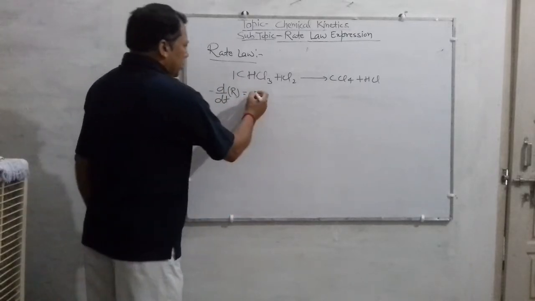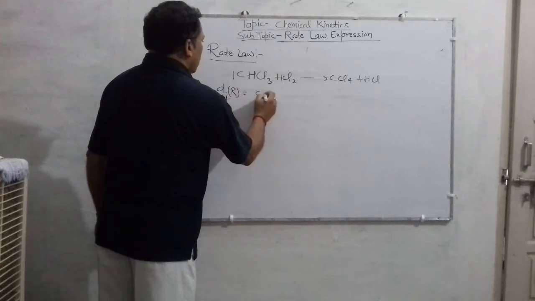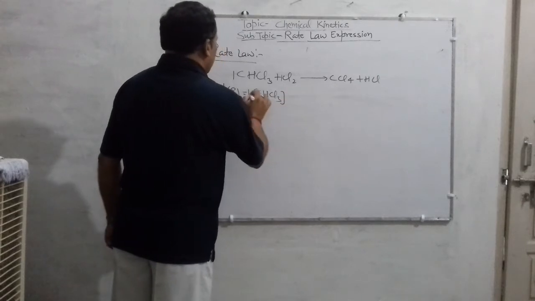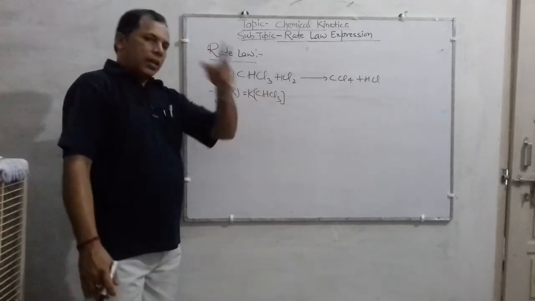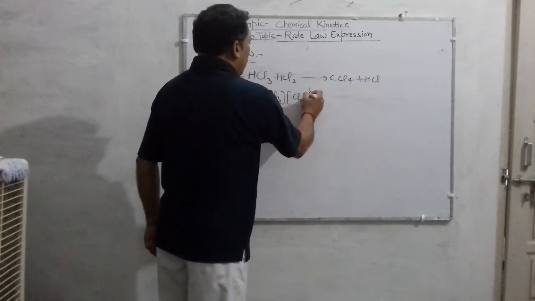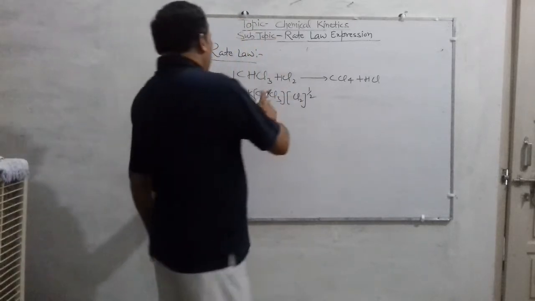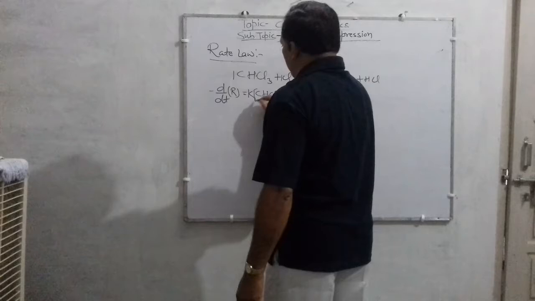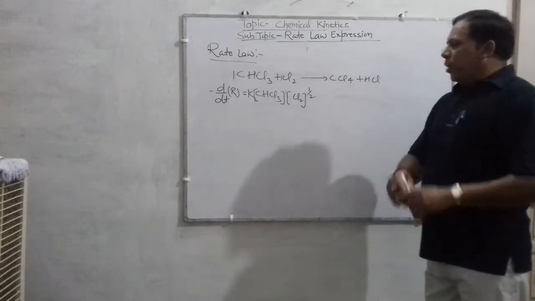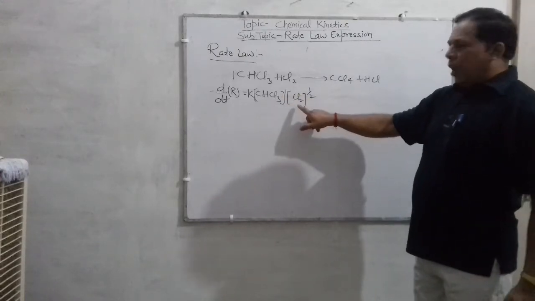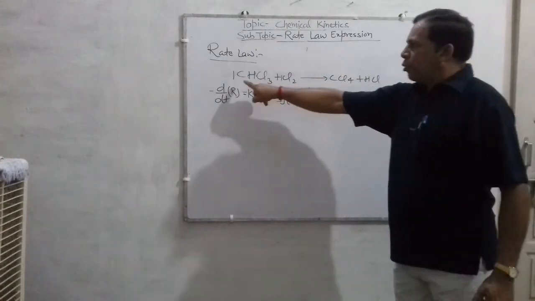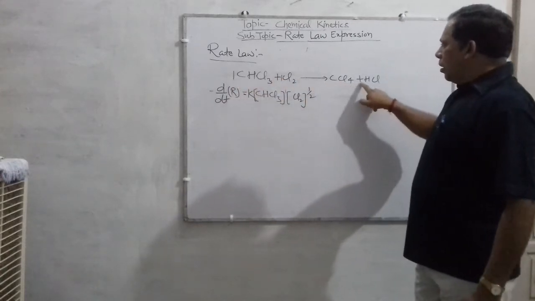The rate law for this equation can be written as K, where K is the rate constant, times the concentration of CHCl3 and the concentration of Cl2 to the half. In this reaction, children, it is very clear that the exponent of chloroform is 1 and the exponent of chlorine is half, which is not equal to the stoichiometric coefficients of the given reaction.